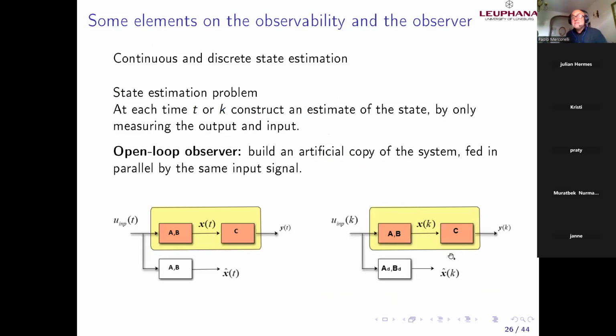Now, we are going inside the observer. Today, we will see in detail the observer. We have here two pictures, left and right. At this moment, I would like to concentrate on the left, because for the right, I have to introduce the concept of the discrete observer, and in general the concept of a discrete model.